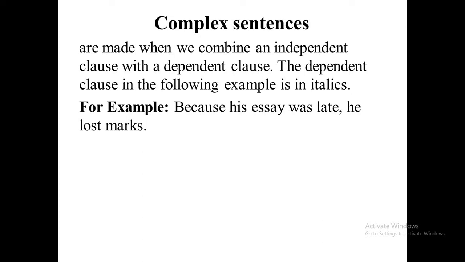Again, the dependent clauses in the example are in italics. So, although there are many of whom were prominent citizens, the policy still stands today. Different types of sentences can be combined to form compound-complex sentences.